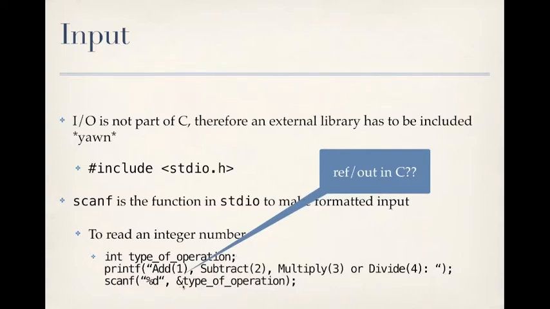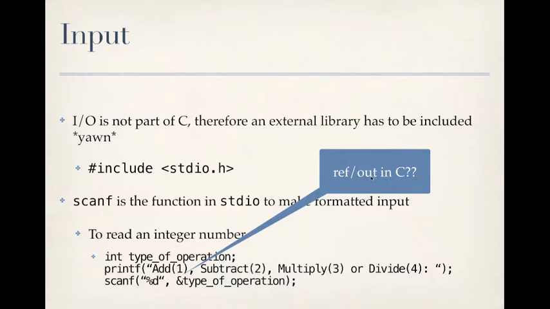And there is just one interesting thing here. What is this ampersand? You know, type of operation is of course a parameter which is not only input. There is a value coming back, a value that is stored by scanf into type of operation. And you know, from C# there are the possibilities to use ref or out.